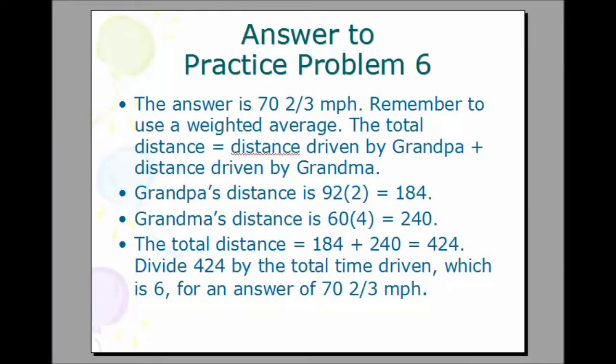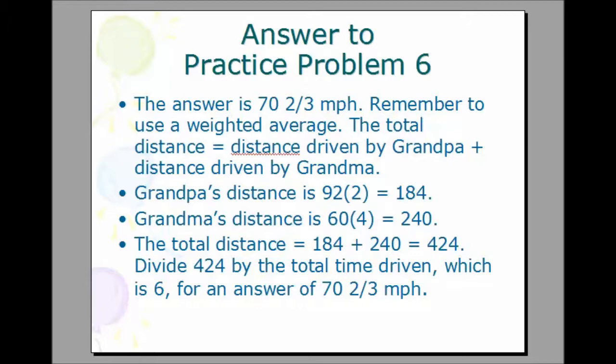The answer to practice problem 6 is 70 2/3 miles per hour. Remember to use a weighted average because Grandma and Grandpa drove for different lengths of time. The total distance is the distance driven by Grandpa plus the distance driven by Grandma. Grandpa's distance is 92 times 2, which is his miles per hour times the number of hours, and that's 184.